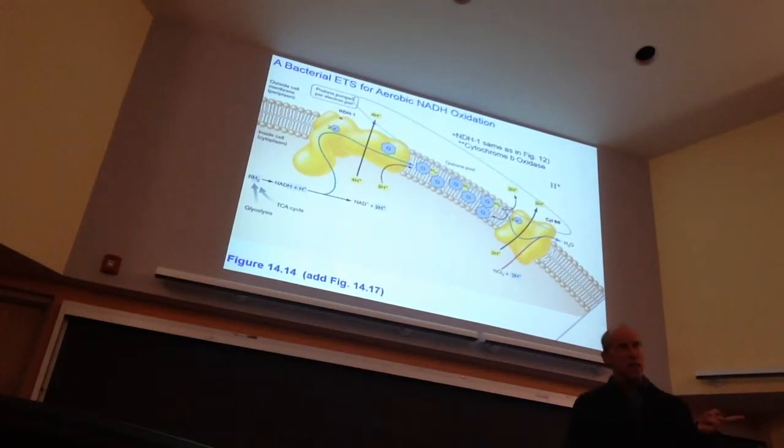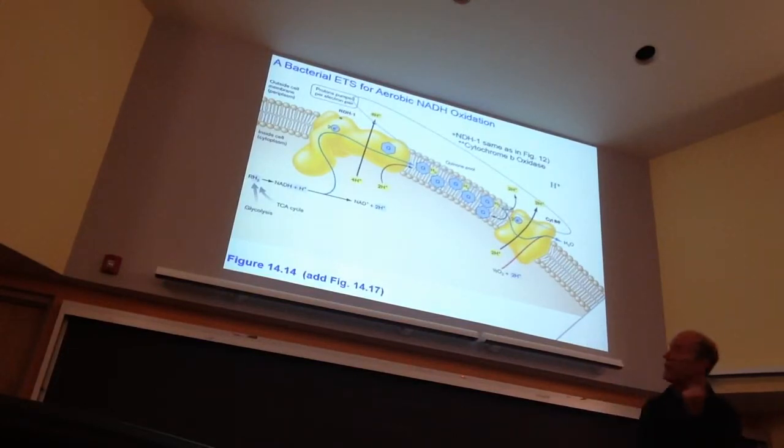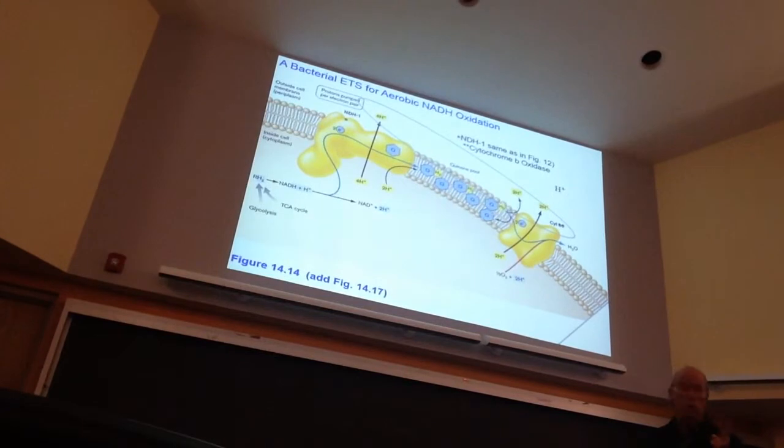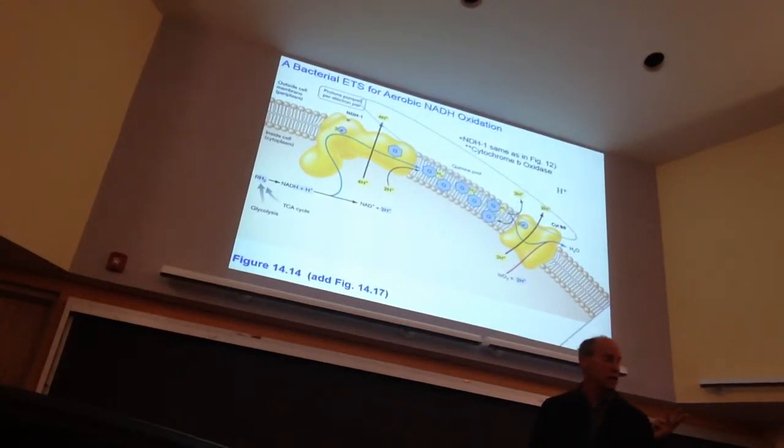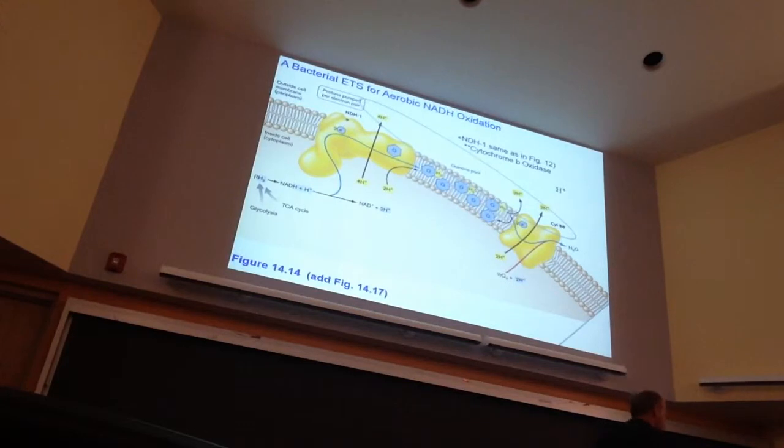It is dehydrogenating NADH. So that's the first one. The second one is this pool of quinones, just in the middle, quinone pool. And then the third is cytochrome bo oxidase. And the oxidase tells you it is going on under aerobic conditions.